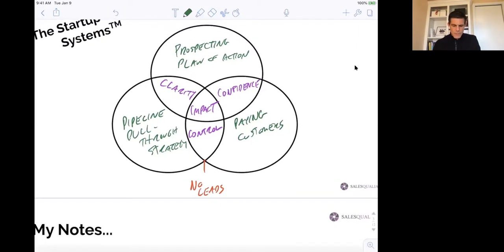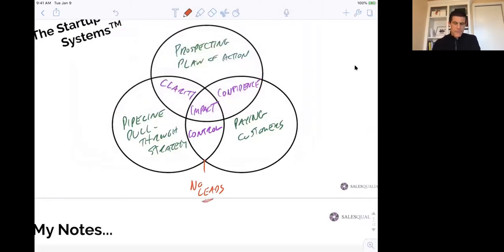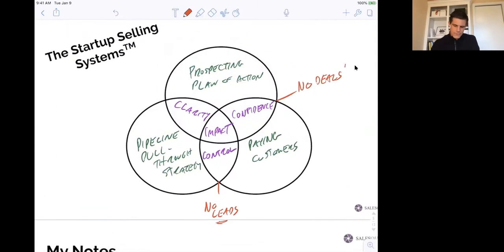Right. So we said if we don't have a prospecting plan of action, then we end up in a situation where we have no leads. If we don't have a pipeline pull-through strategy, then we have no deals, right? No revenue. Can't generate revenue if we don't have deals in the pipeline. And if we don't get paying customers, then we end up with no future, right?